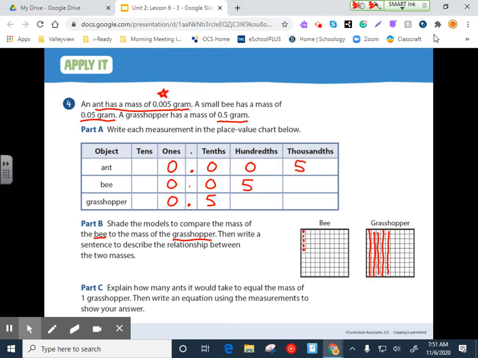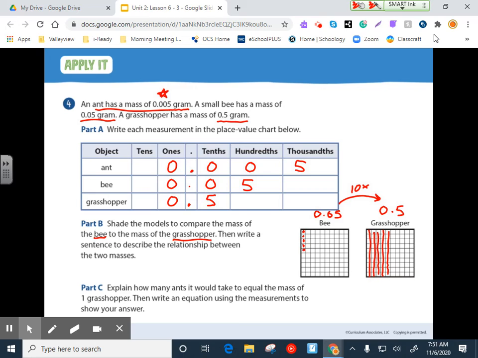Then write a sentence to describe the relationship between the 2 masses. Well, if our grasshopper is 5 tenths, and our bee is 5 hundredths, we know that there is a relationship of 10 times between them.